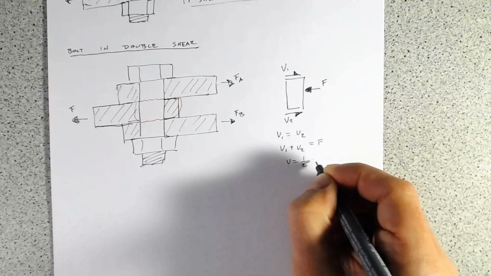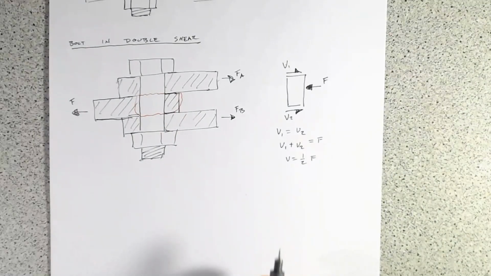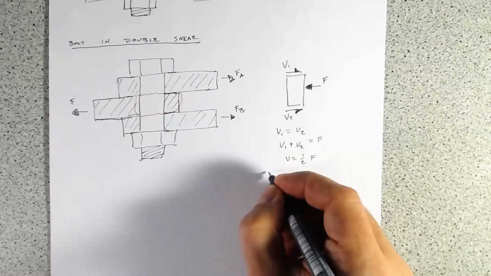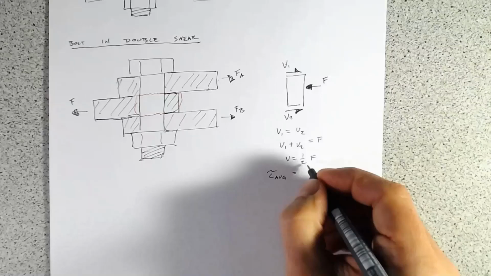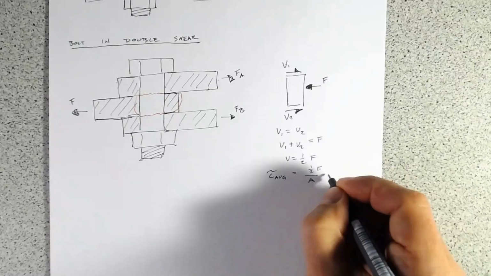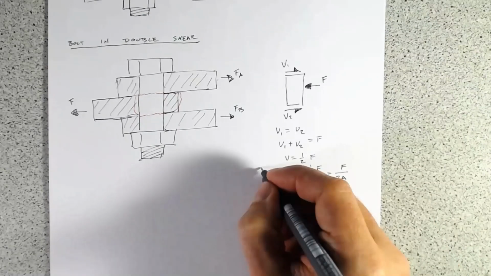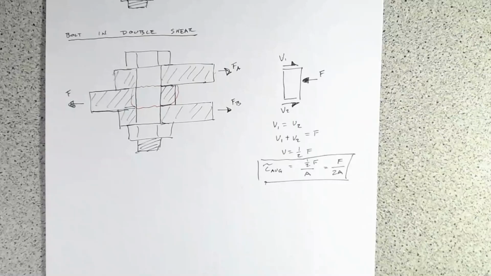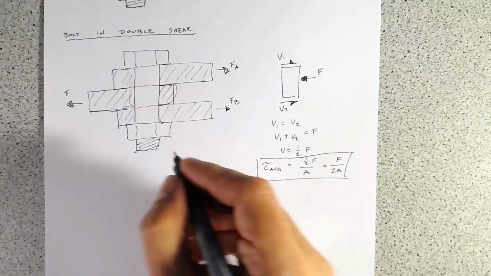And then we can look at what our average shear is across there. Tau average equals 1/2 F over A, and that equals F over 2A. And that makes sense. You've got two shear planes, so you have twice the area which you're trying to stress.